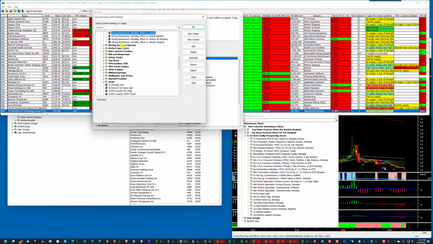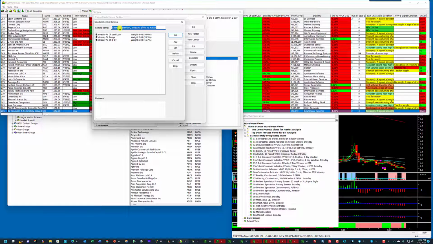And then the combo ranking is what drives the best stocks to the top of the list intraday. What I use here is something I call strong momentum intraday effort versus result, and it takes into account the distance. The low of the day divided by the last price is weighted at 50%. The intraday range is weighted at 33%, and the one-day change is weighted at 16.7%.